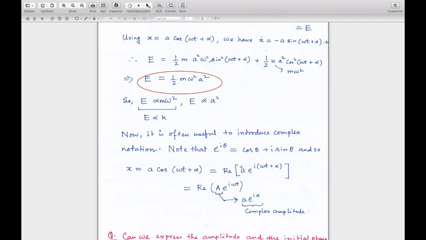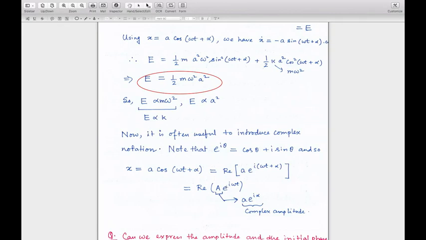So if I write the real part of this quantity, I can write it as a times e to the power i omega t times e to the power i alpha, that is, small a times e to the power i alpha.